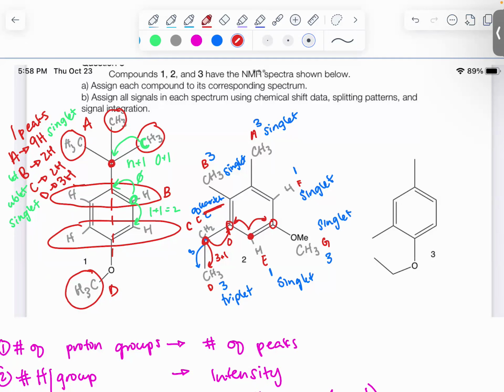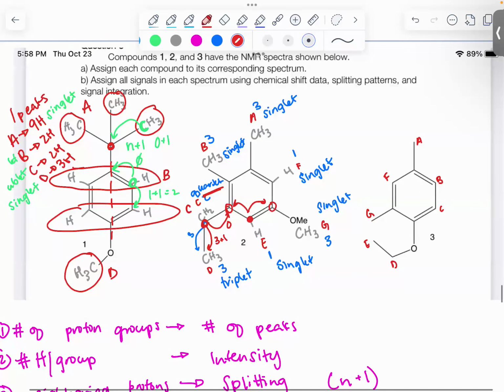So the base answer for this would be, is that right? Yes. And then labeling those on your NMR.